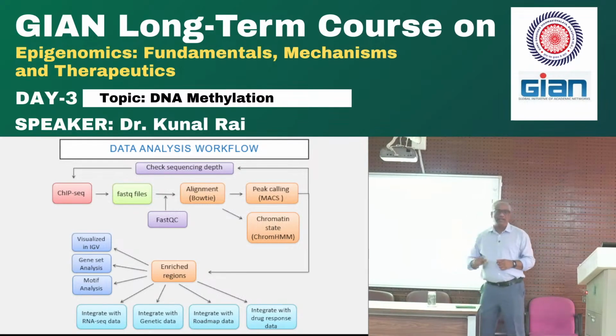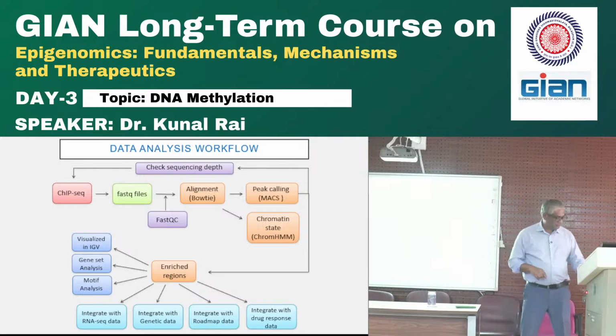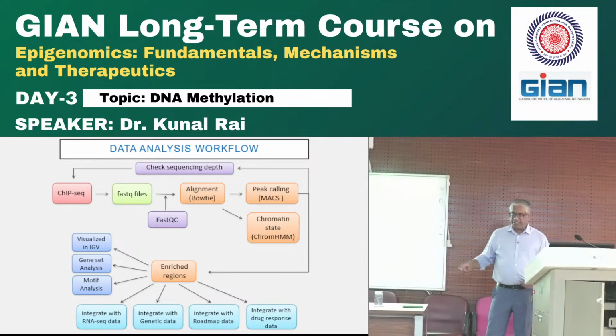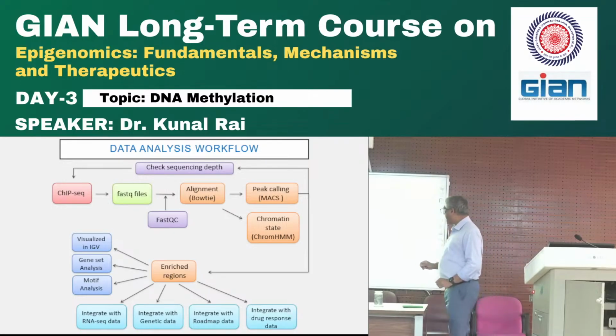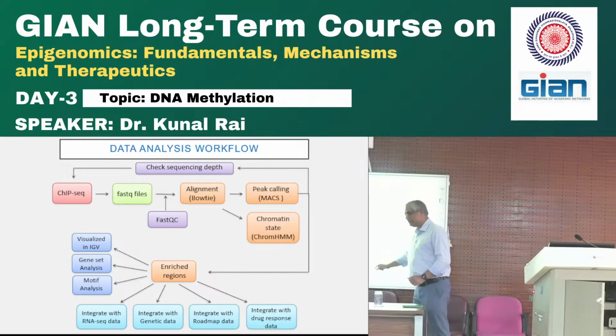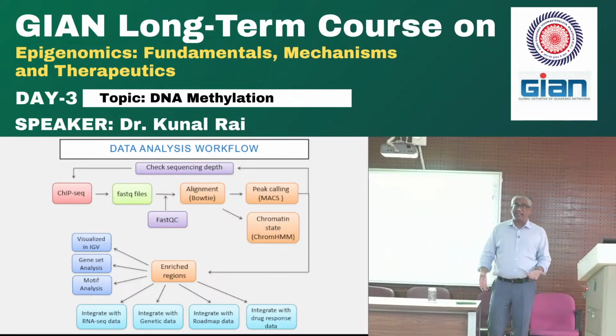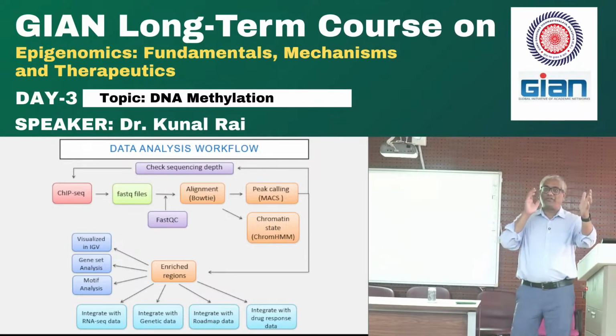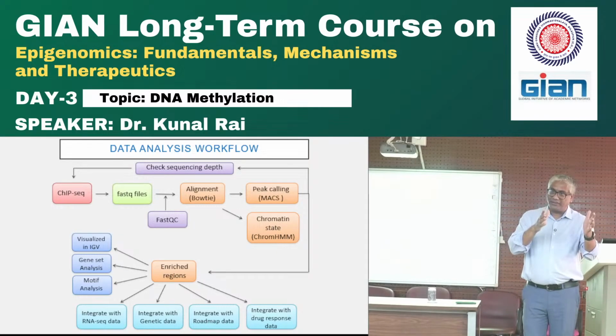I do peak calling. What does peak calling mean? I get my max, and it says, okay, here is a peak. And I know exactly the coordinate of this because I know the sequence, and I mapped it to the genome. So I know it's on chromosome 1 at 10,500 location, right?